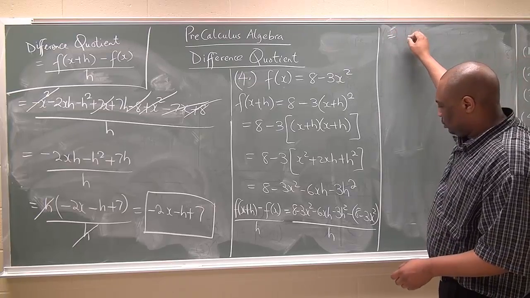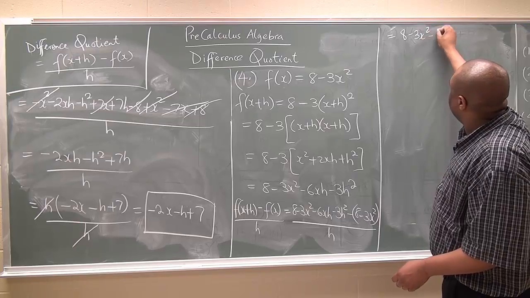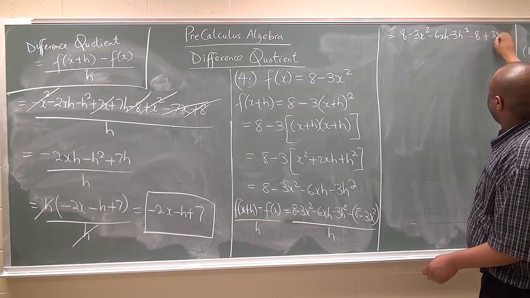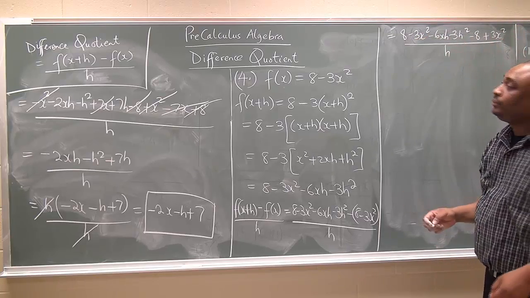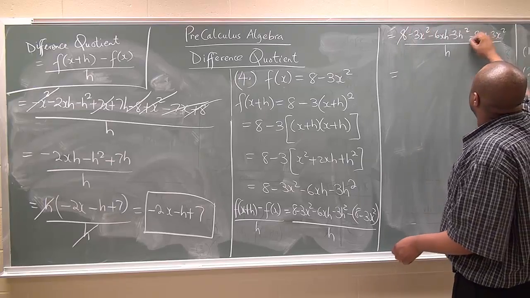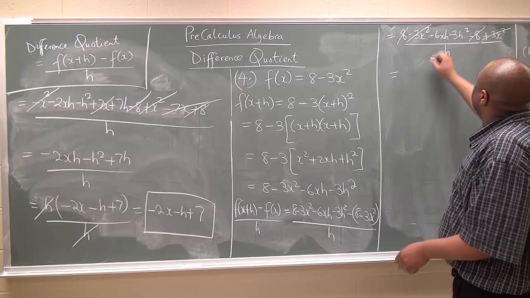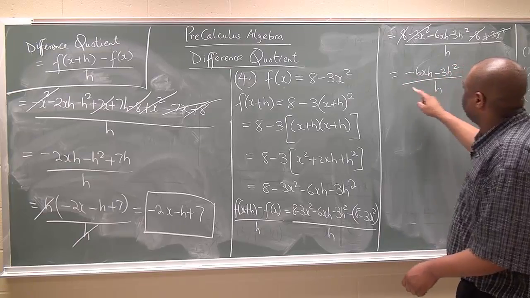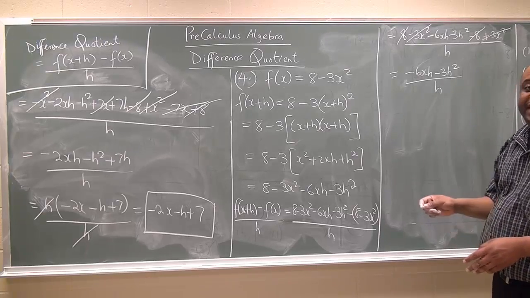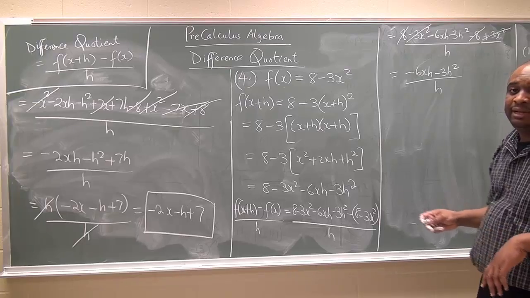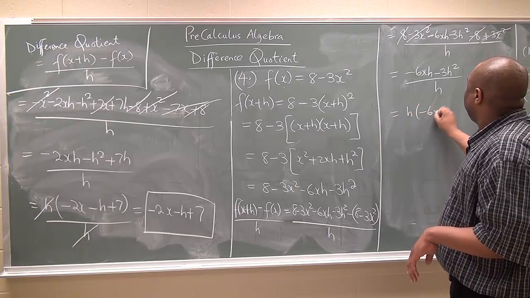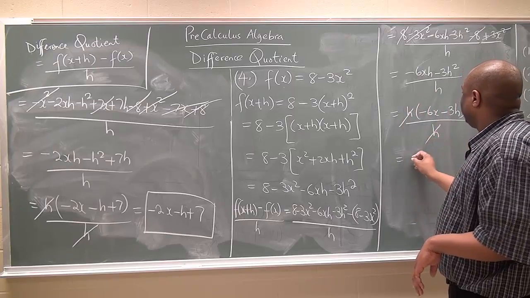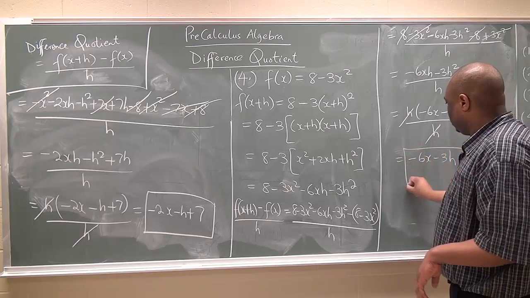So this equals 8 minus 3x squared minus 6xh minus 3h squared minus 8 plus 3x squared all over h. 8 minus 8 is gone, minus 3x squared plus 3x squared is gone. So I have minus 6xh minus 3h squared all over h. Factor the numerator by GCF, greatest common factor: h times minus 6x minus 3h, all over h. h divides h, and this will be minus 6x minus 3h.